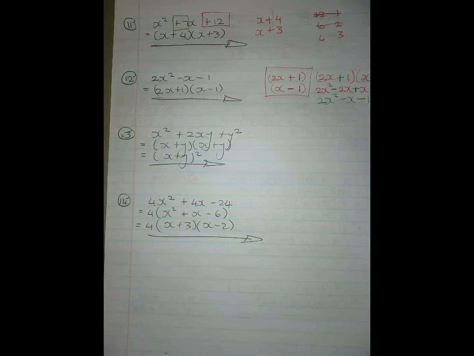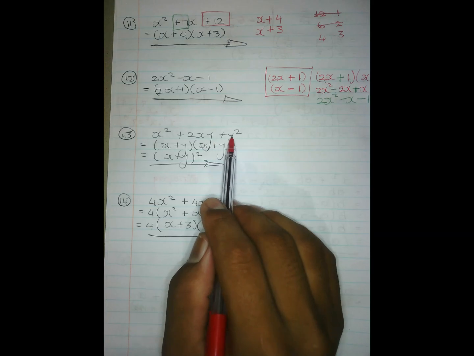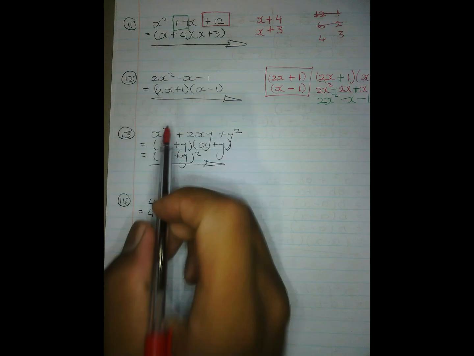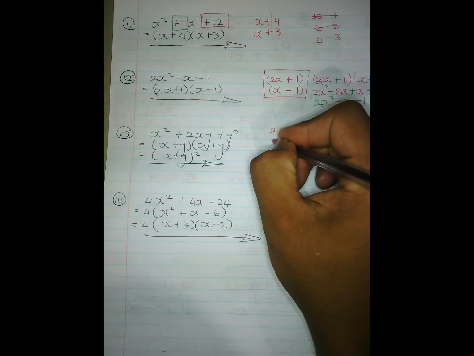Looking at number 13 now. Number 13 is saying x squared plus 2xy plus y squared. So, look at the front number. There's no number in front, so there's going to be an x and an x.